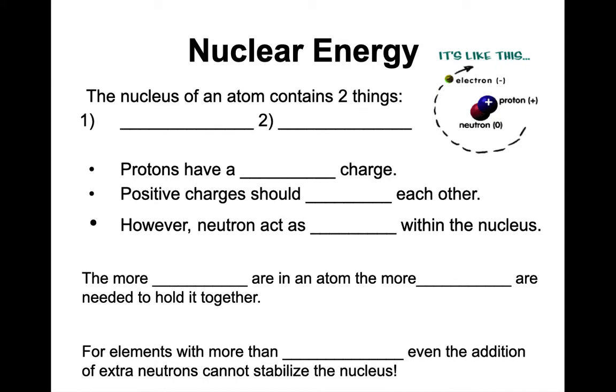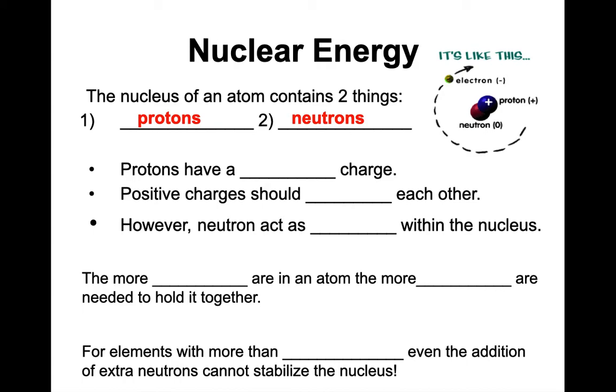If we're thinking about what we learned in chemistry, the nucleus of an atom contains two things. So try to think about what those two things are. So inside of the nucleus there are protons and there are neutrons. Again, thinking back to our chemistry unit, think about the charges of those two subatomic particles.